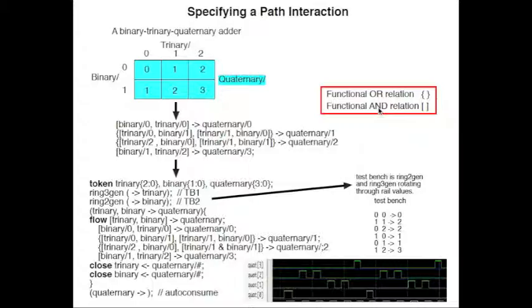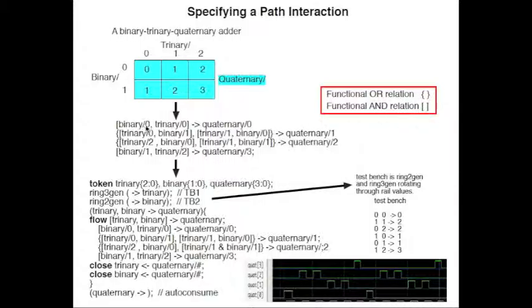So we'll use the functional notation, and instead of saying and or all the time, we'll use syntax to specify and or. An OR relation is encompassed in curly braces, and an AND relation is encompassed in brackets.